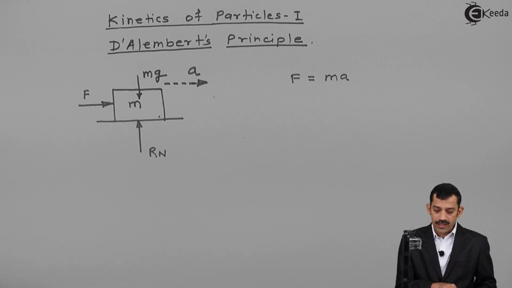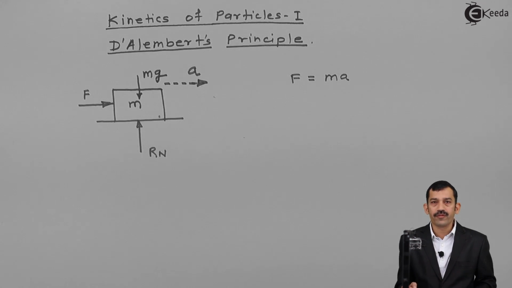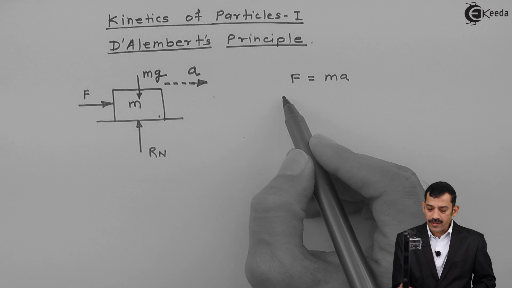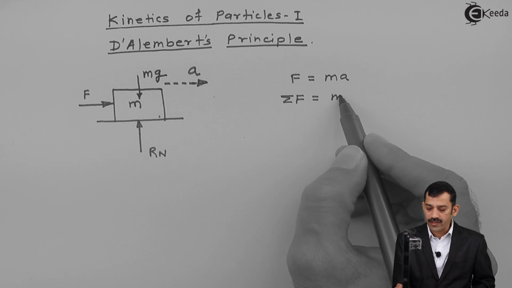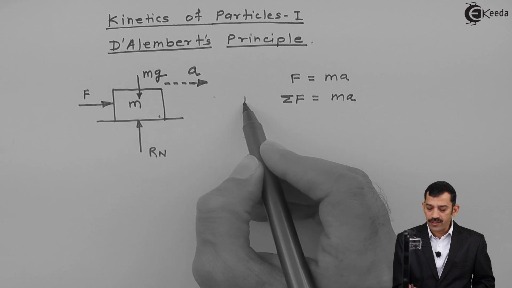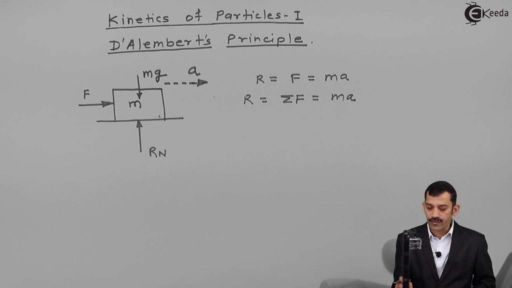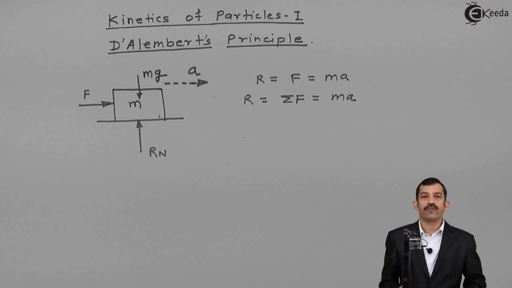Now I have taken a single force F as the resultant force. If there are a number of forces, say mu is given, you will get a frictional force in the leftward direction. Therefore this resultant force may be written as summation of F equal to mass into acceleration, where summation of force means the resultant force R equal to F equal to ma.